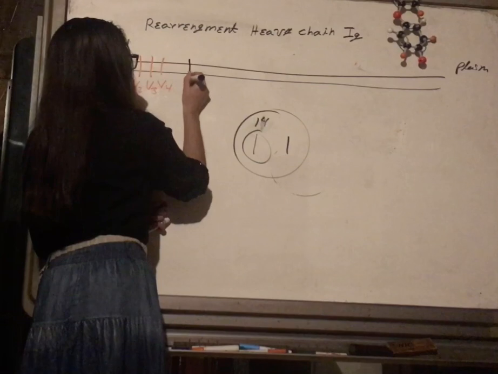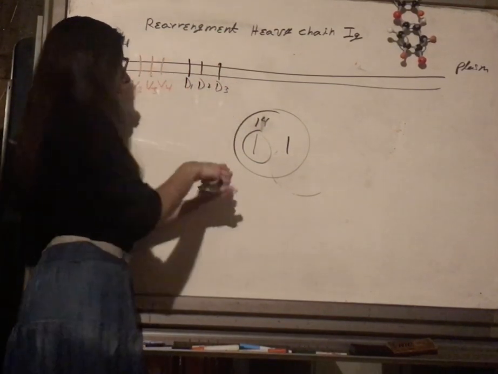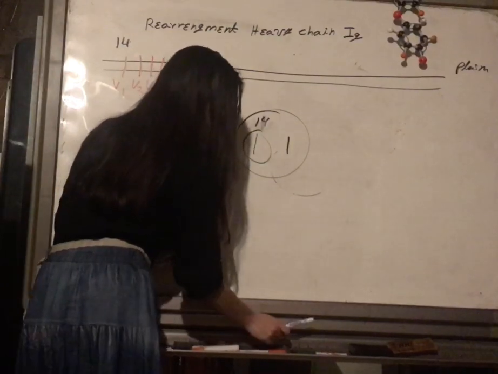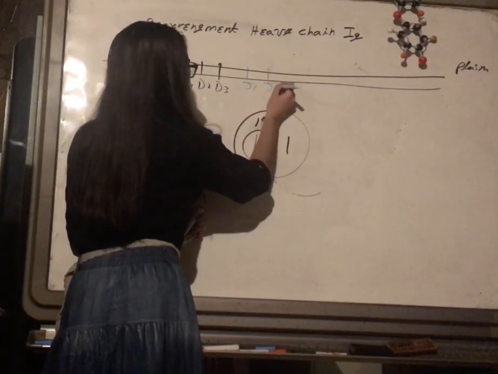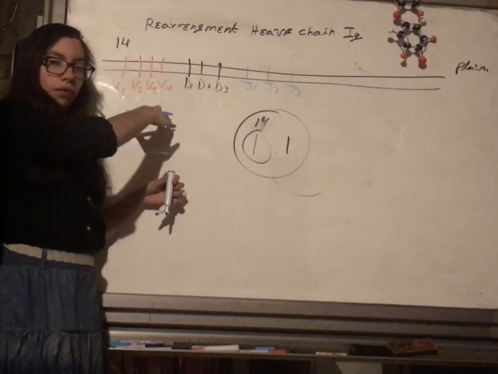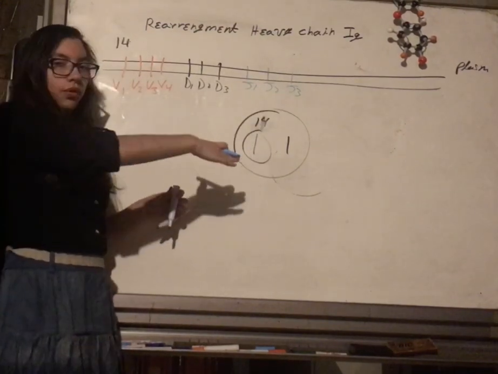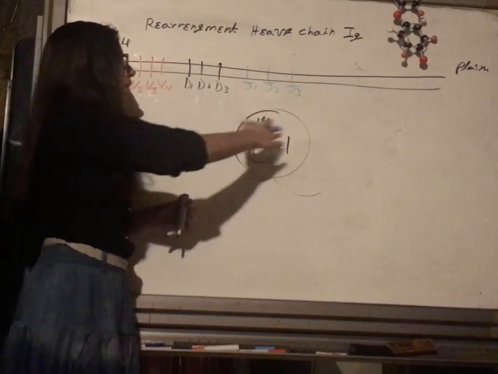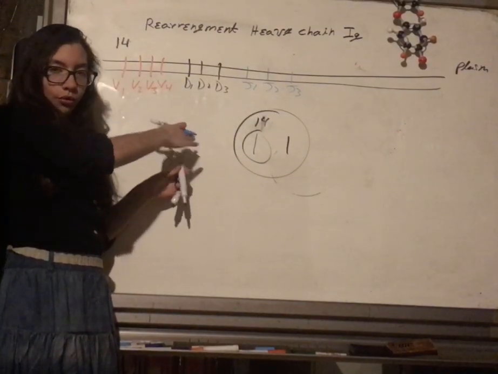This is D1, D2, D3, and now let's continue with J segments: J1, J2, J3, and so on. We just have B and D and J segments, but we have a lot of them. I will just put 4 here, 3 here, and 3 here, but we have literally a lot of them.